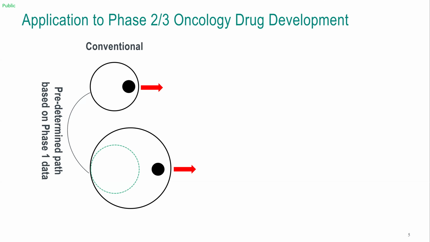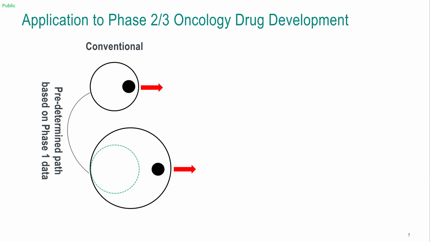Those single-arm phase 1 trials have a primary purpose of dose finding, and after dose is identified, patients may be enrolled for some preliminary signal detection, basically to see whether the drug can induce some tumor reduction in certain patients. And once the developer sees some signal, then they start to debate what to do next.